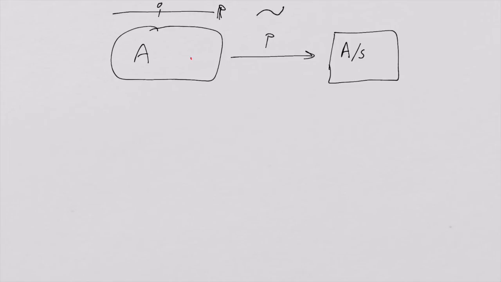If I take a point in the quotient space, sorry, the other way around, and I find P inverse of that point, call that point X, there's just a whole bunch of things in A that map to the point X. And so the inverse mapping from X starts looking like a fiber over X, where this kind of looks like a base space, and this looks like a fiber bundle.